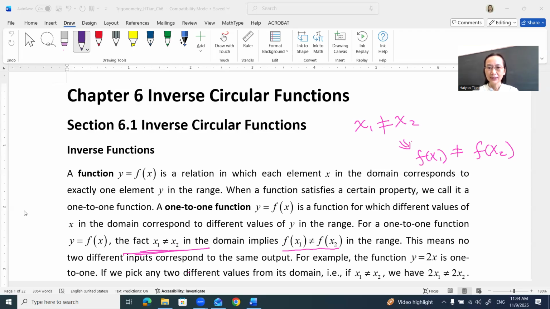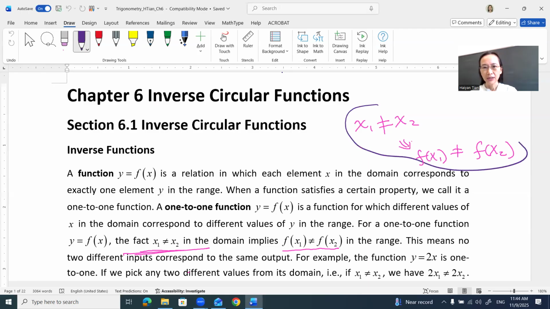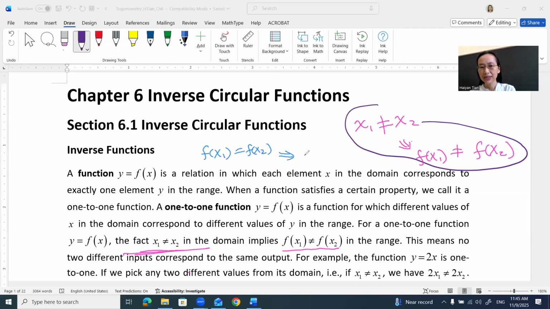We can also write this definition in a different way. It is equivalent to saying whenever f of x1 is equal to f of x2, this implies x1 has to be equal to x2. It's the contrapositive, right?